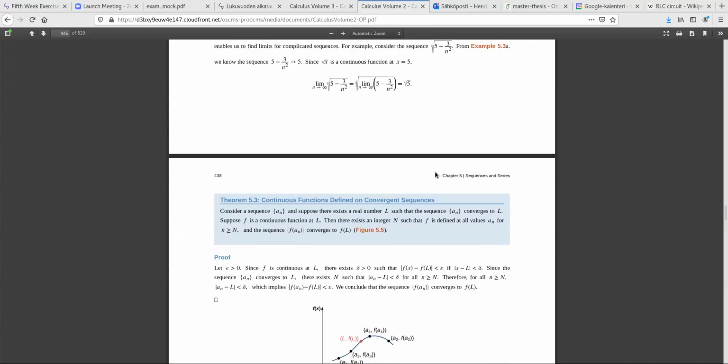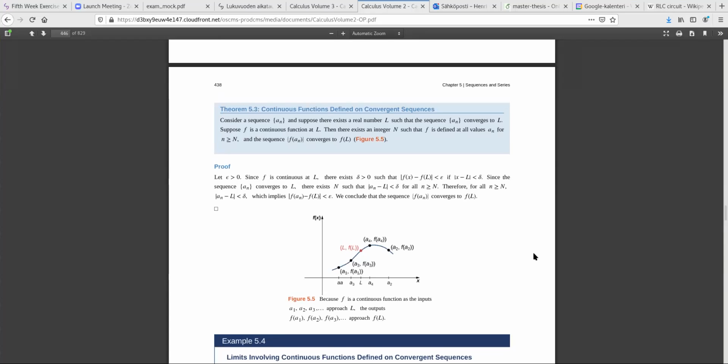Now, the nice thing about sequences and functions is that if you have a sequence that converges to a real number L, and you have a function that is continuous at L, then taking f(a_n) and making that into a sequence, that converges to f(L).